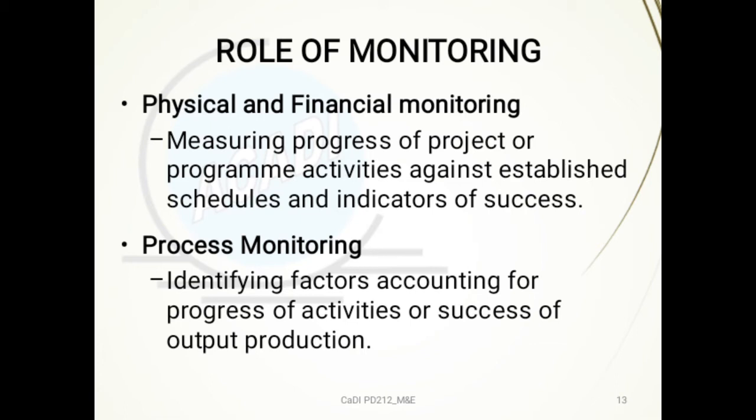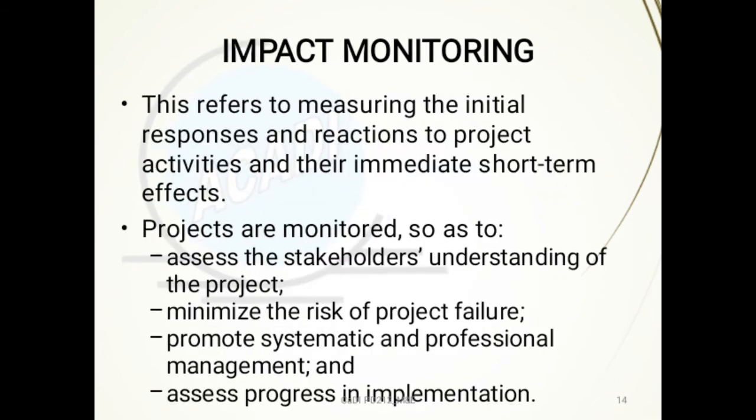Process monitoring identifies factors accounting for progress of activities or success of output production. Impact monitoring refers to measuring the initial responses and reactions to project activities and their immediate short-term effects.